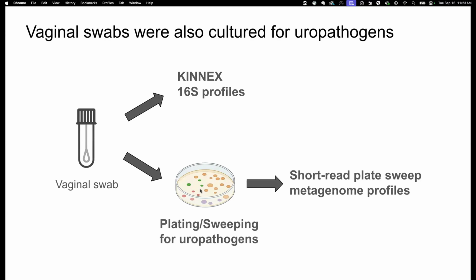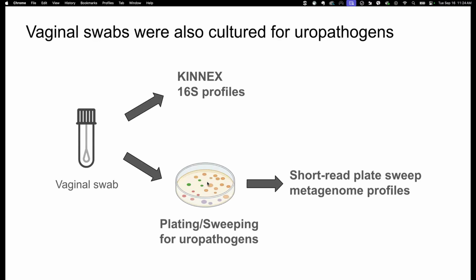The goal was to assess these vaginal communities for uropathogens. We strongly suspect uropathogens are present, but at very low abundance. And we suspected, and I think it is true, that we missed them quite a lot, even in these deeply sequenced 16S profiles that we were generating.